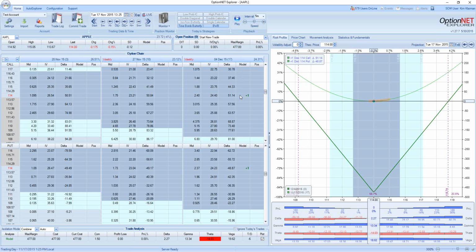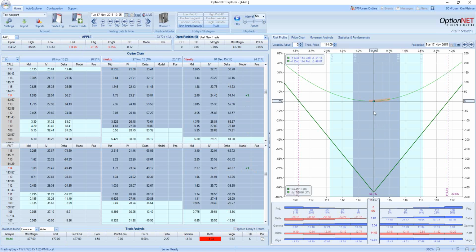We can buy 114 calls and 114 puts, expiration 17 days out, October 4th, the weekly options. And we would pay $477. And this is how the P&L chart would look.